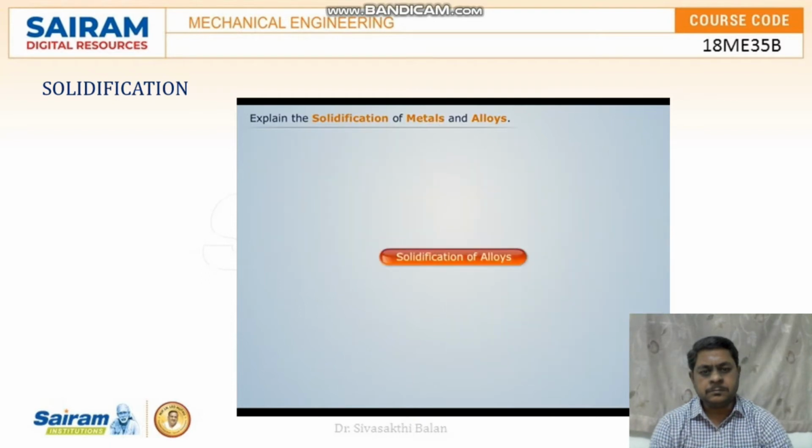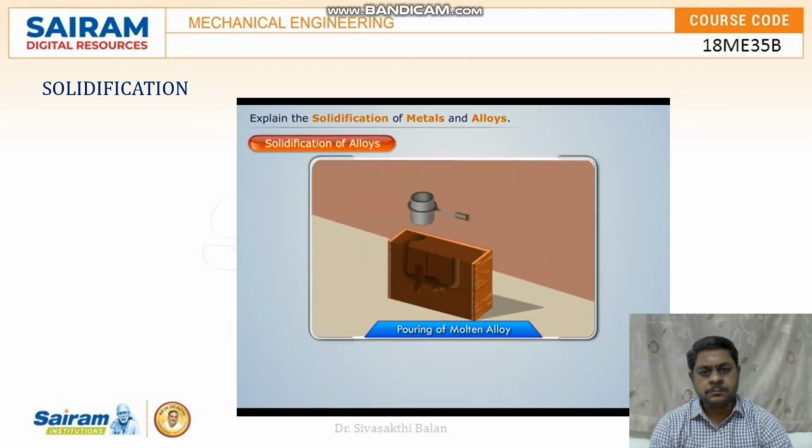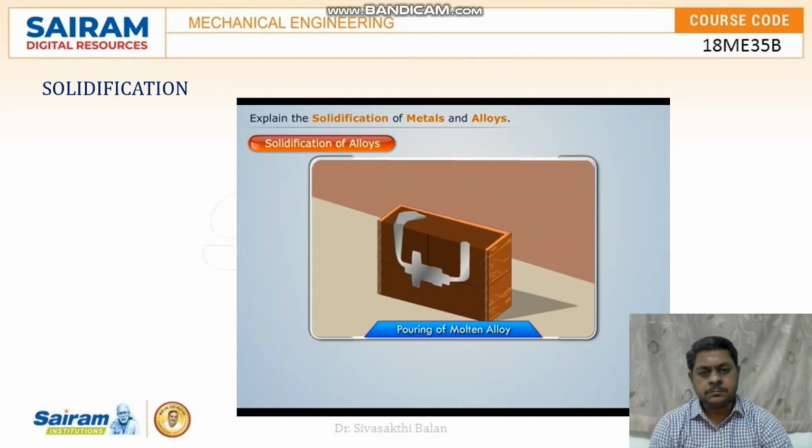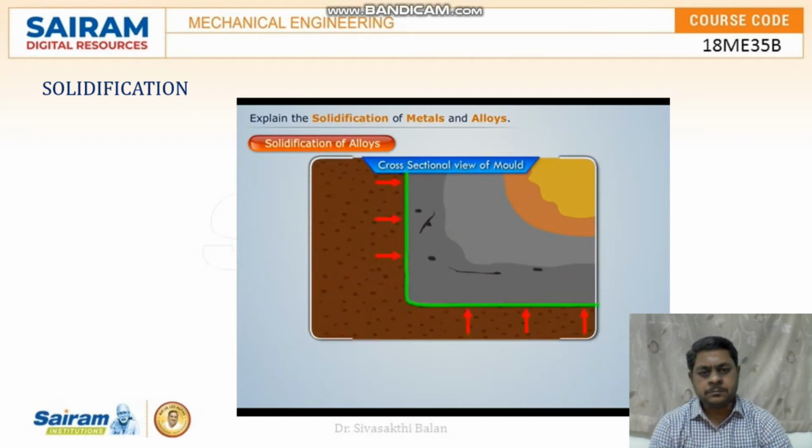Now let's discuss the solidification of alloys. When we pour the molten alloy in the mold, the solidification process takes place in the same manner as in the case of metals.